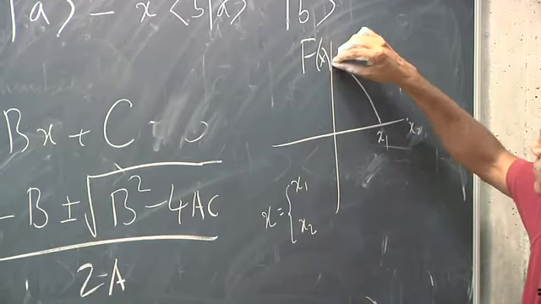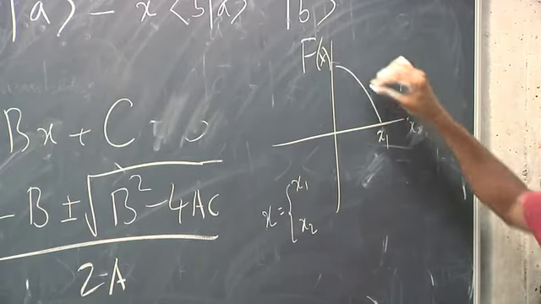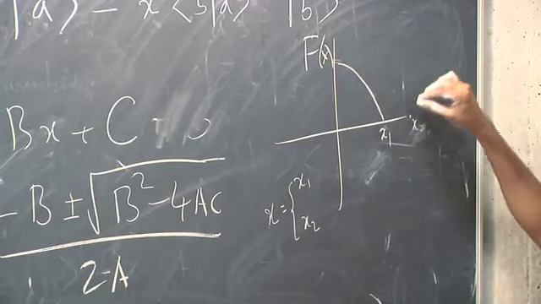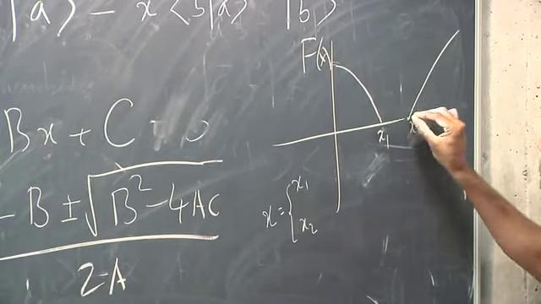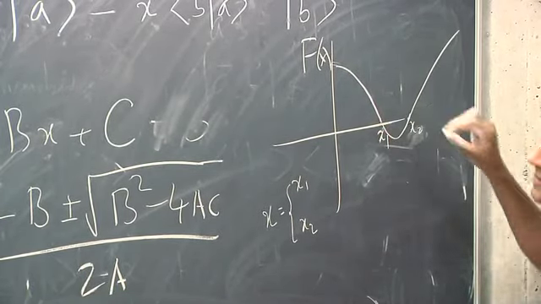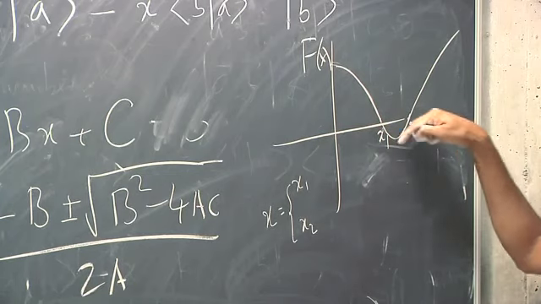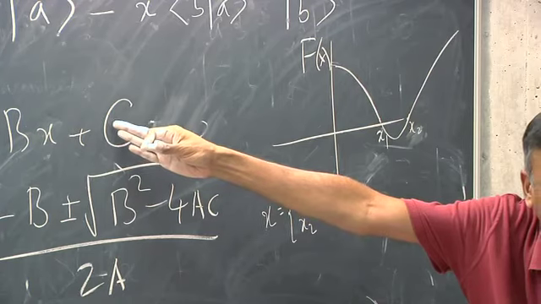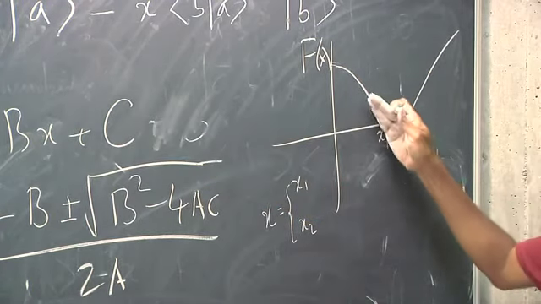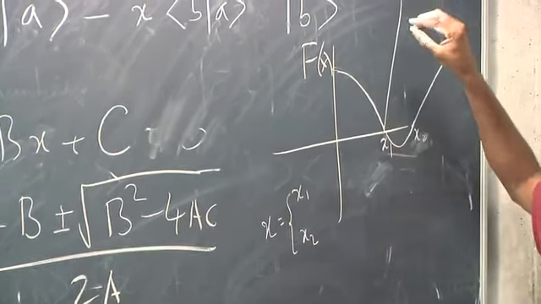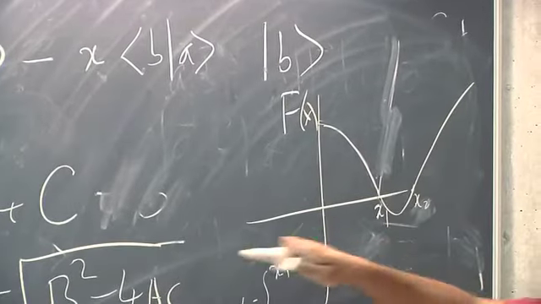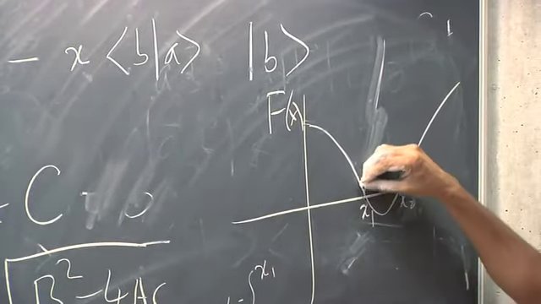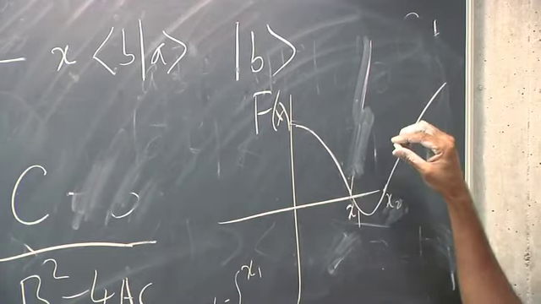But what about between x1 and x2? Let's say here it is like that, here it is like that, but between x1 and x2 this will become negative by continuity. This is a continuous function of x. If it's going like that, it's going to continue. It won't suddenly go up like that. So this will come down and go there.